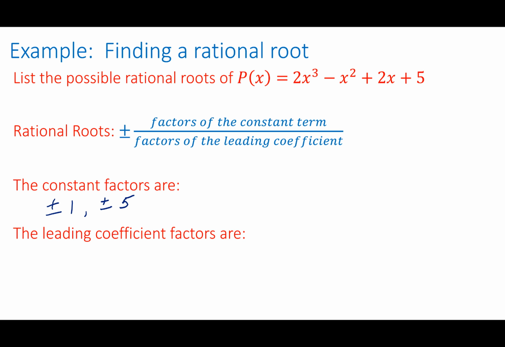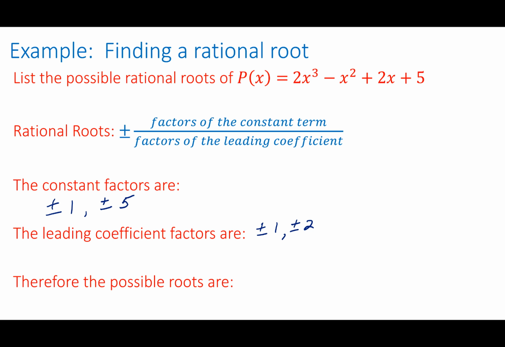What number is my leading coefficient? 2. So my plus minus 1 and plus minus 2. Do not forget the 1 as a factor. You're essentially always going to have plus minus 1 in constant factors and leading coefficient factors. You'll always have it, because 1 is a factor of every number, but we want to include that.